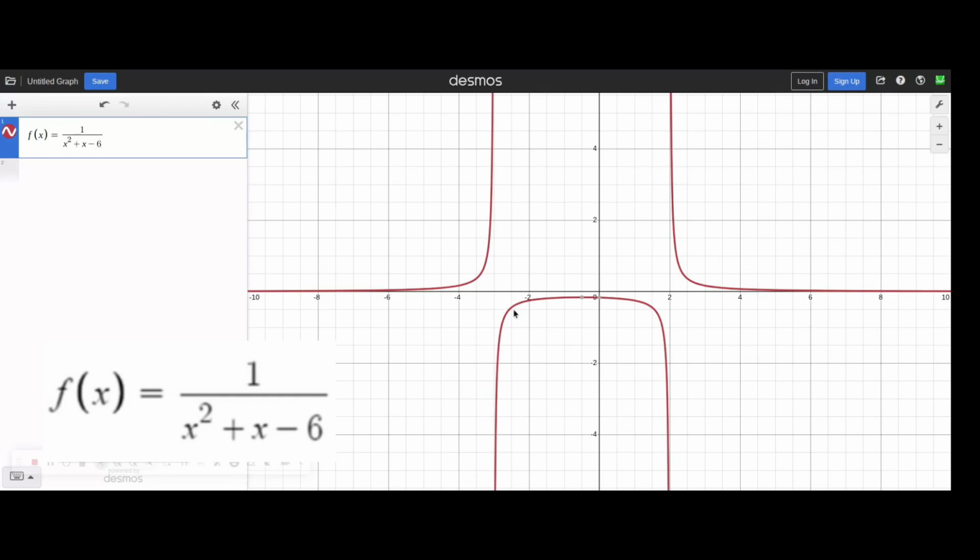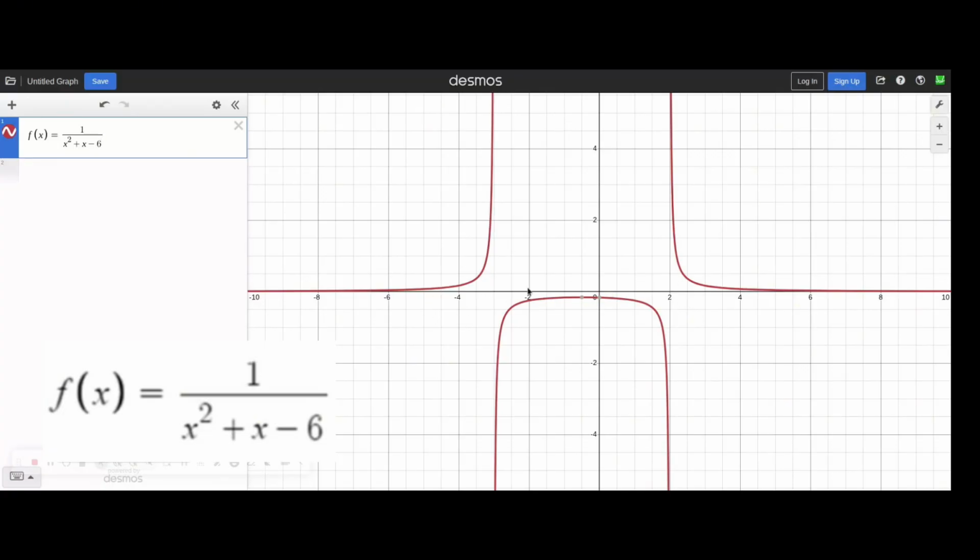Now, the question is what do you see? Well, if you remember in the previous problem, things seem to explode at -3 and 2. Our zeros were -3 and 2. When graphing these, we notice that we have this weird split of the graph at those exact numbers.